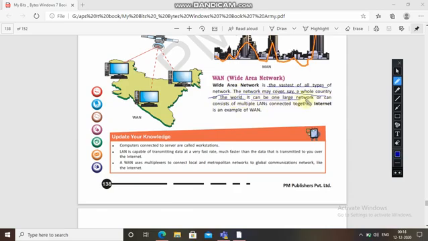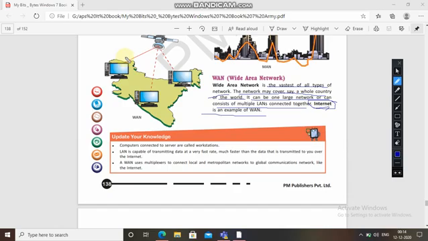It can be one large network or can consist of multiple LANs connected together. Internet is an example of WAN. So remember this, internet is an example of WAN. It means multiple LANs are connected. It can cover the whole country or the whole world. So WAN is a larger network.